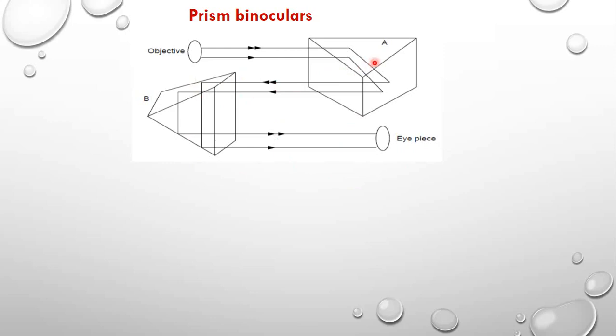These two right-angled isosceles triangles, say A and B, are placed between the objective and the eyepiece, with both being convex lenses. This eyepiece and this objective are convex lenses. Then we place these two isosceles right-angled triangles between the objective and the eyepiece.